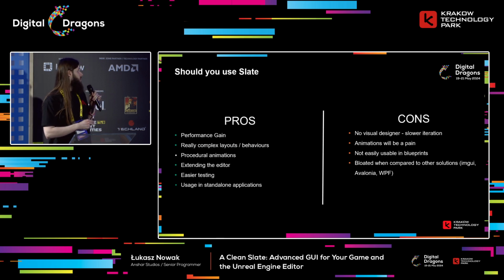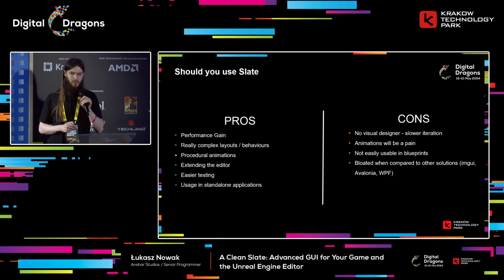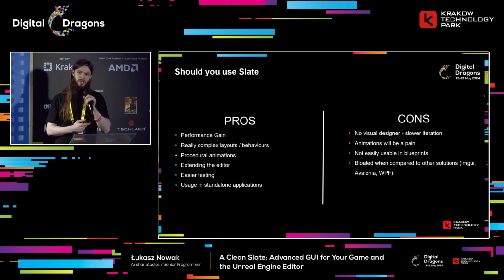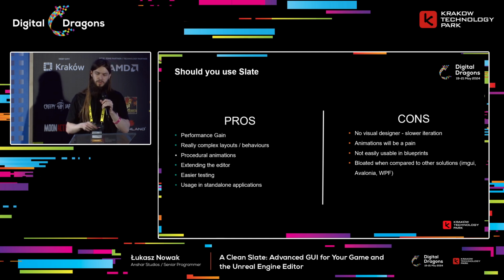All right, so another reason you may or may not use Slate: you can't really do complex procedural animation in blueprints. For simple animations it is really comfortable to just use a sequencer and, for example, enlarge a button and drop it down.